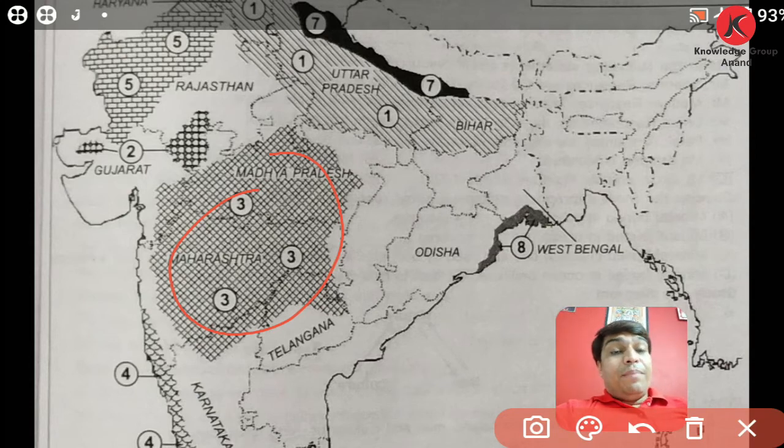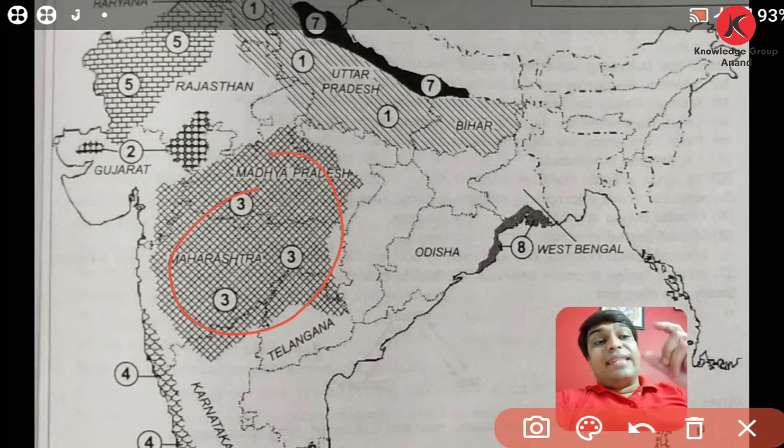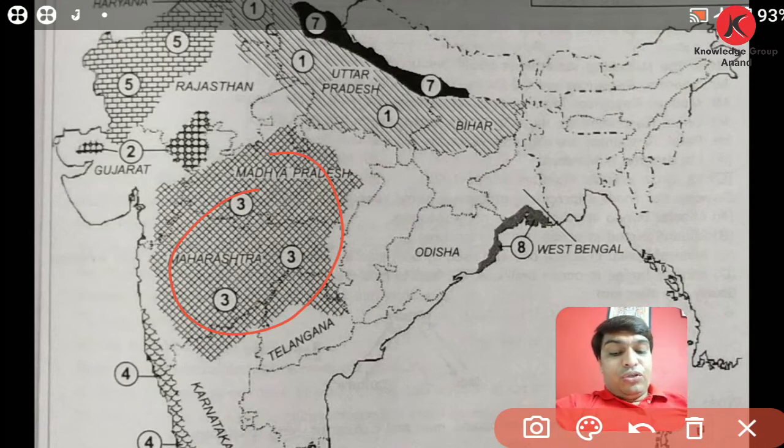It has a good capacity to retain moisture. When the moisture dries up, the soil develops fissures and cracks. Around 15% of the area of our country is covered with black soil. This black soil is also known as regur soil.